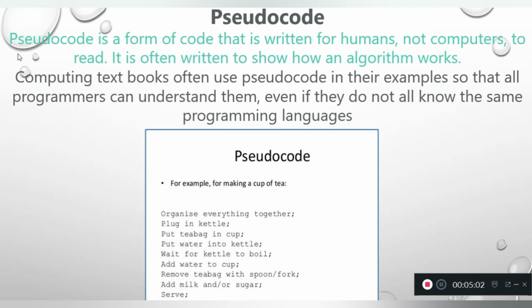At last, serve it. So this proper organization of preparing a cup of tea is called a pseudocode.